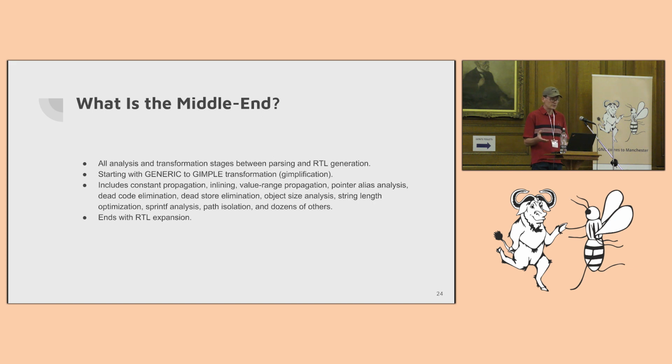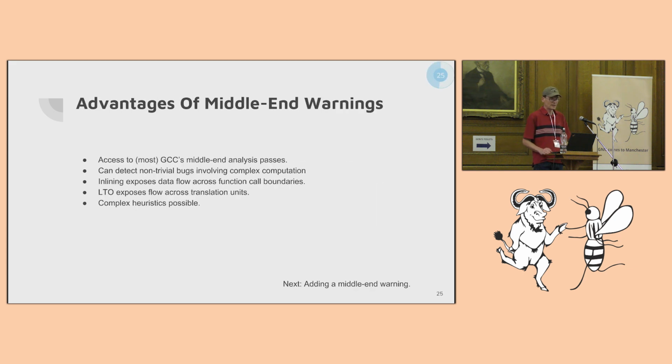So it includes all the constant propagation passes, all inlining passes, value range propagation, points-to alias analysis, dead code elimination, dead store elimination, and so on. And as I said, the middle end, in my mind, ends with the RTL expansion. So this is what I will be referring to when I'm talking about the middle end warnings.